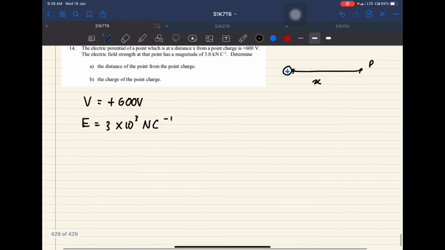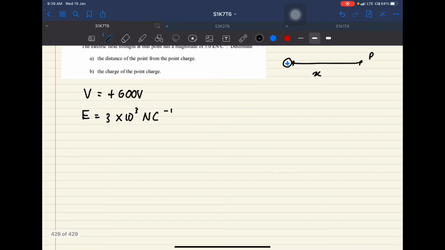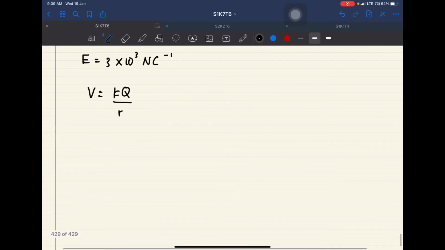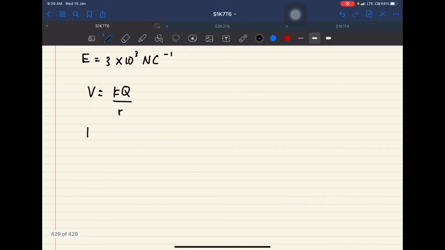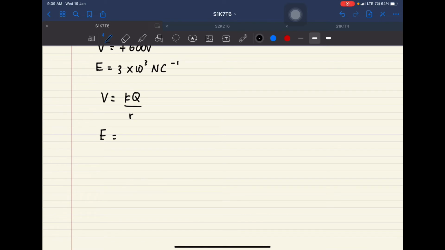So you have two formulas, one for V and another one for E. Formula for V is KQ over R. On the other hand, formula for E is E equals KQ over R squared.